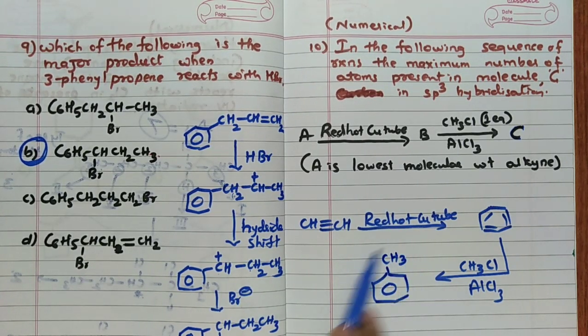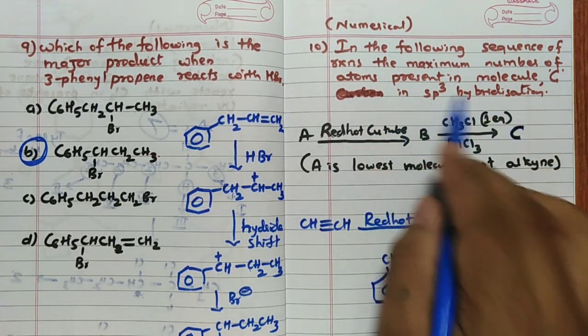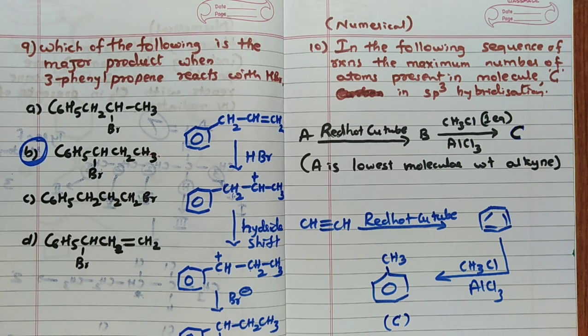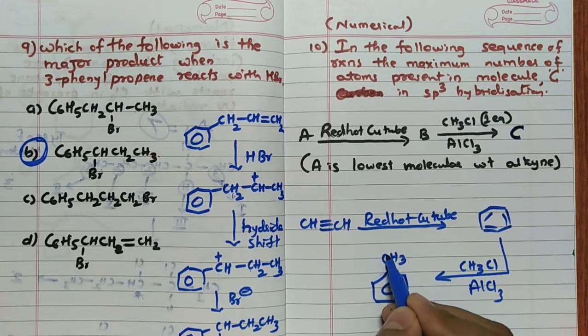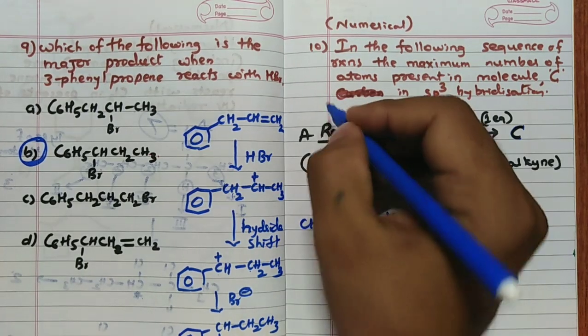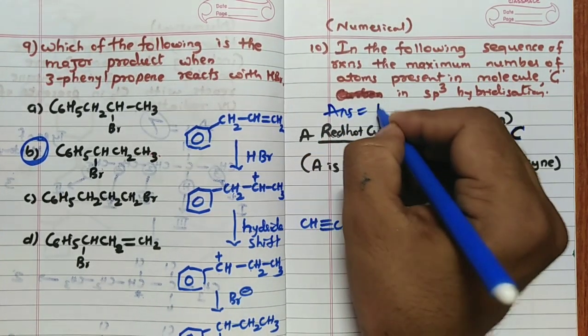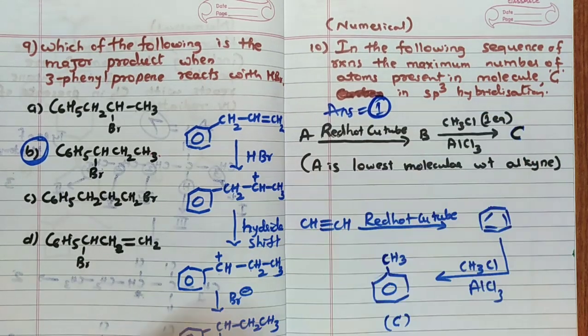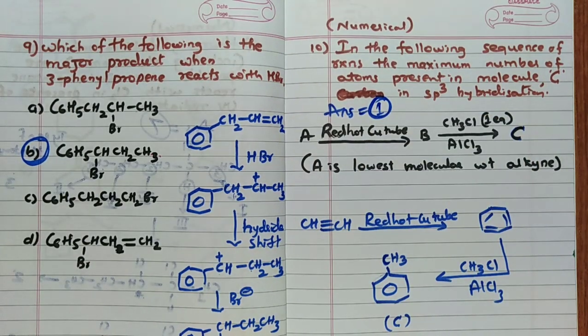Now they are asking, in this product C, how many carbon atoms are in sp3 hybridization? All these benzene ring carbons are sp2, correct? This is the only carbon having sp3 hybridization. Hence the answer for this question is 1. Remember that.